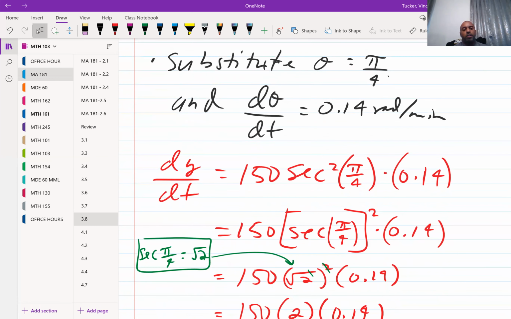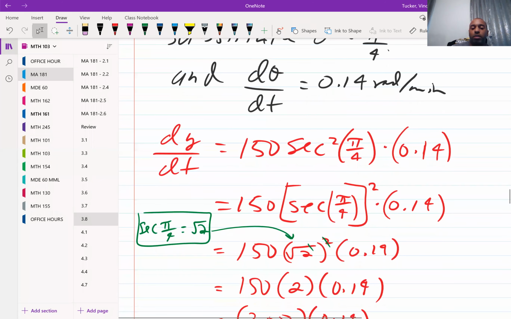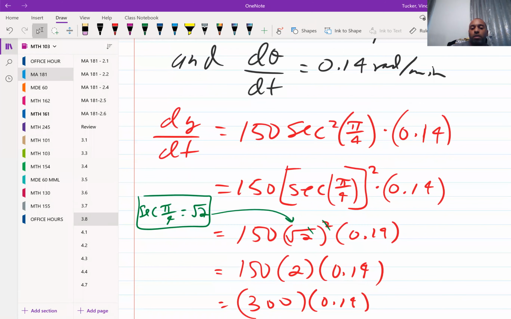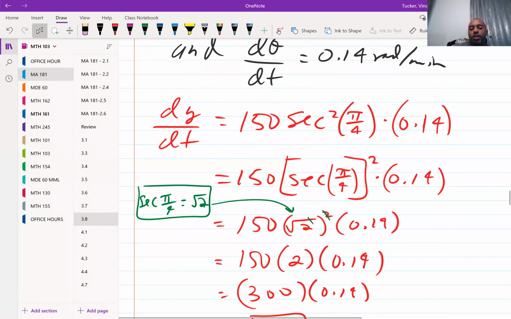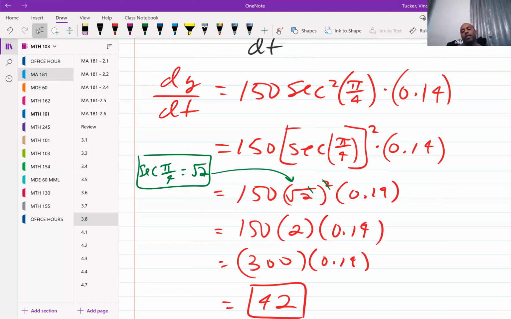All right, so secant of pi over 4 is just the square root of 2. Notice that square and square root will cancel, leaving you with just 2. 2 times 150 is 300. 300 times 0.14 is 42.